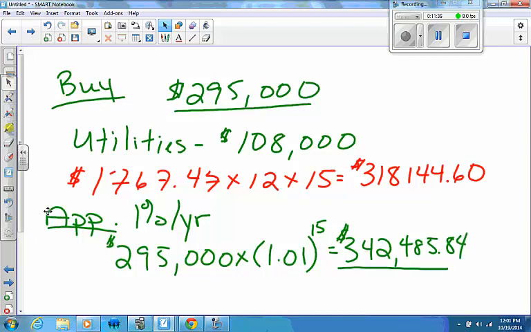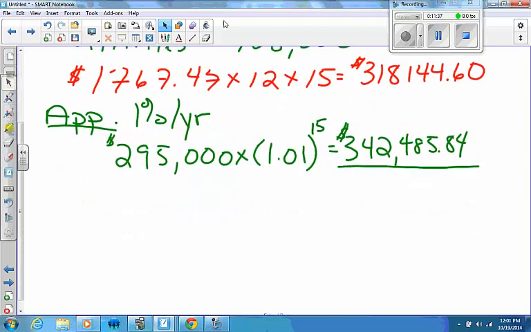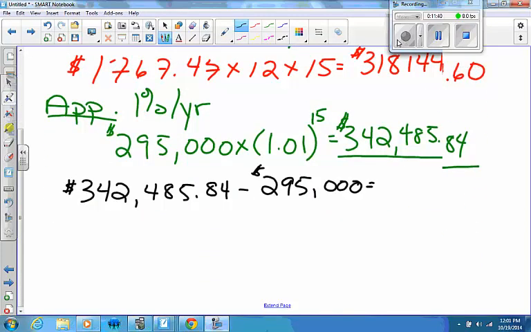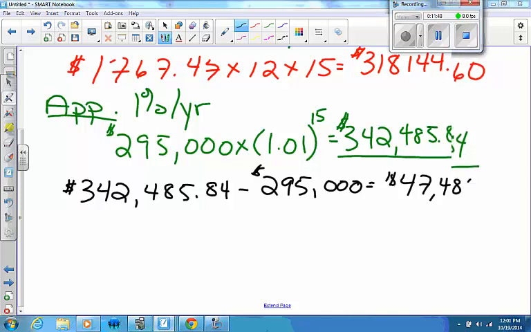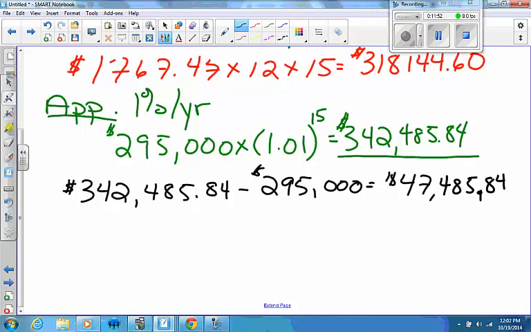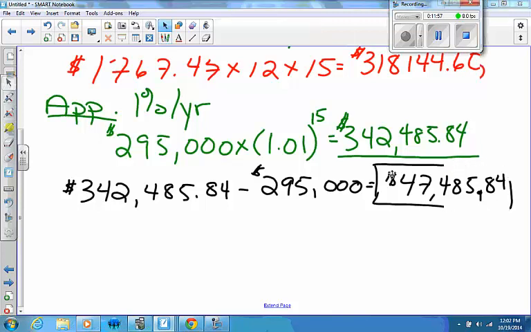What's the difference between those two numbers? The difference is $47,485.84. So I'm already ahead $47,000 compared to walking away from the rent scenario.